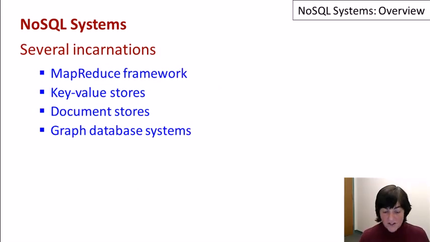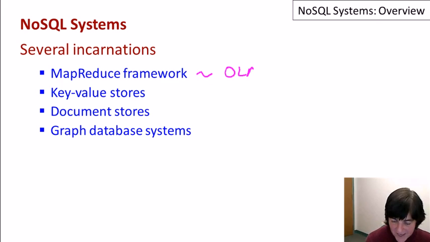So there are a number of incarnations of NoSQL systems, and I've chosen, as of November 2011, to divide it into 4 categories: the MapReduce framework, key value stores, document stores, and graph database systems. In terms of the first two, one way you can think about it sort of roughly is that the MapReduce framework is typically used for applications that would have used relational OLAP or online analytical processing.